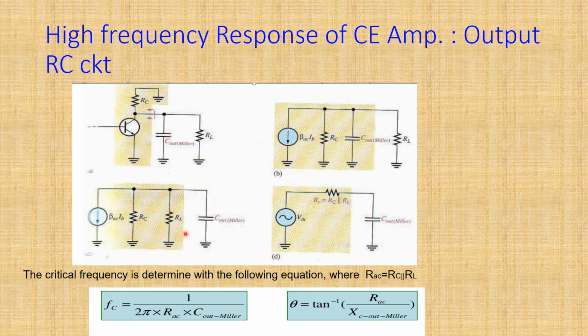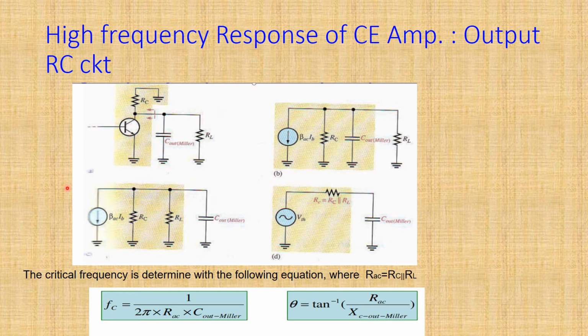The output part of the AC analysis circuit is drawn here. When you are finding the total load resistance, this is open circuit, this is open circuit. So your total load resistance RAC is RC parallel R1.